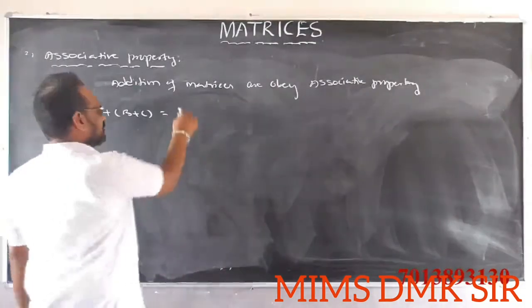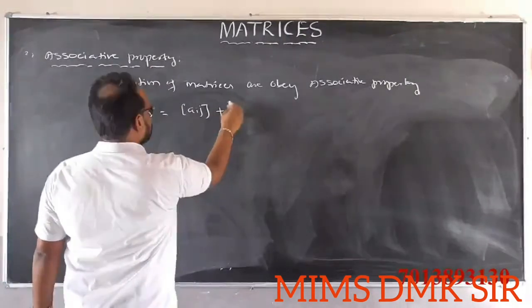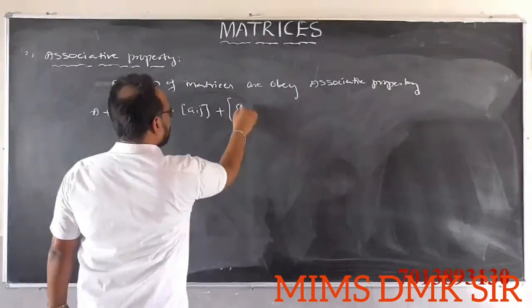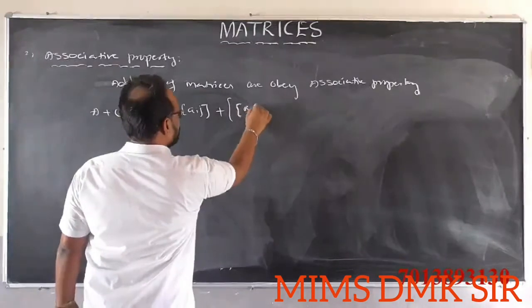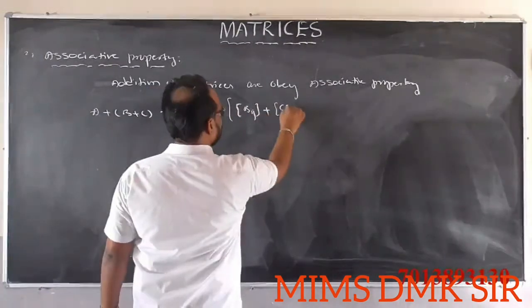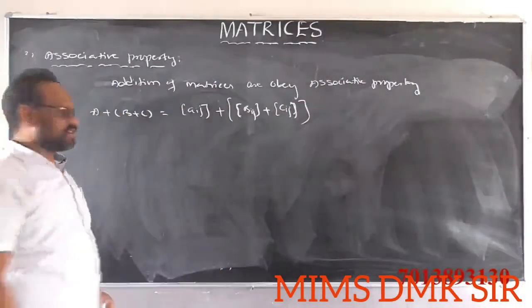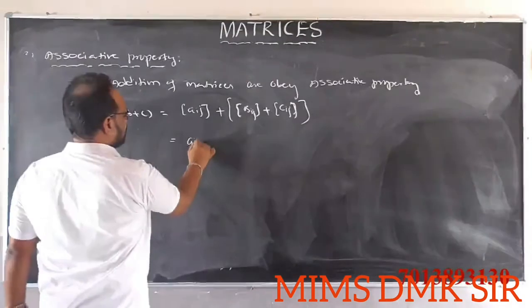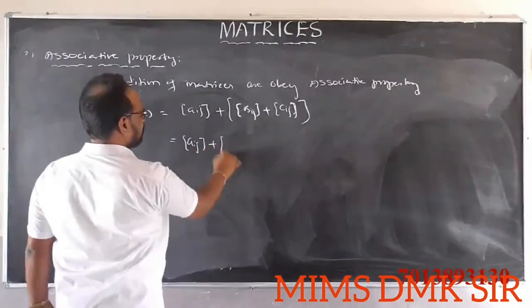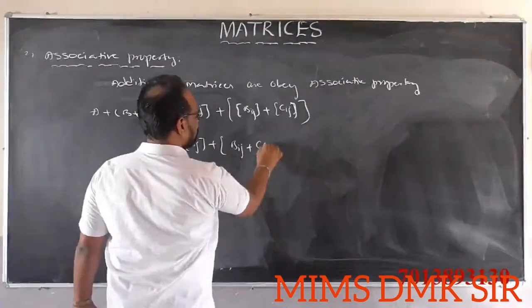Already we know that A is a matrix Aij, B is a matrix Bij, and C is a matrix Cij. So this can be written as Aij plus Bij plus Cij.